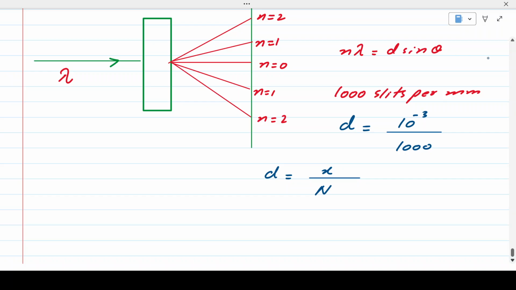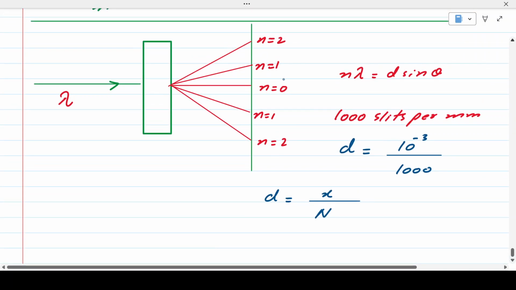Theta is the angle from this n equals 0, the central fringe. So theta equals, let's say 30, or let's make it more realistic, let's say 7 degrees. Now what does that mean? They can ask you probably to find the wavelength.